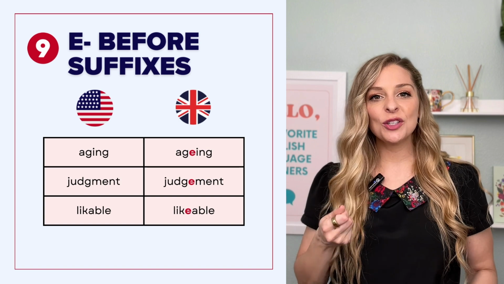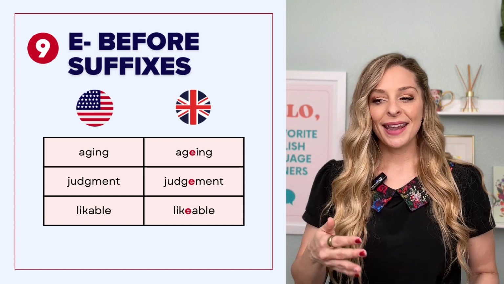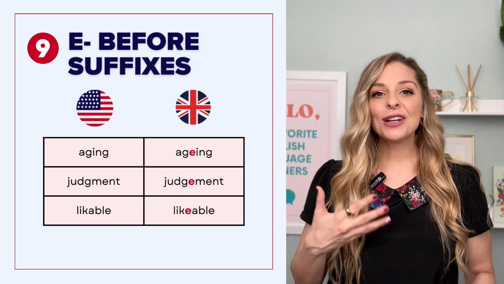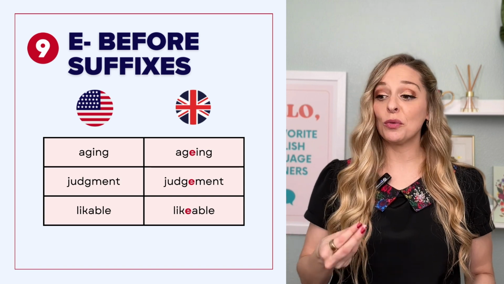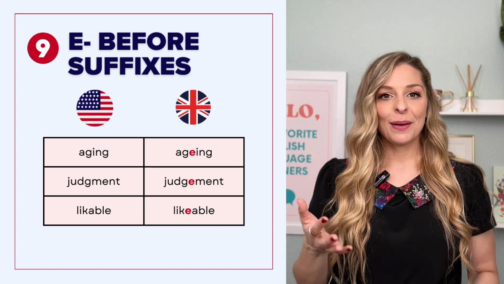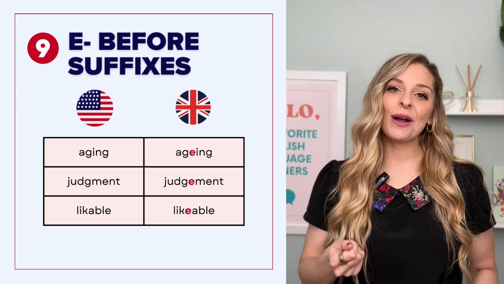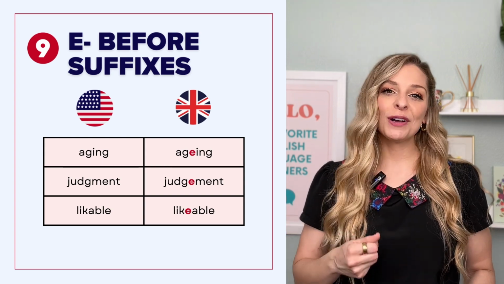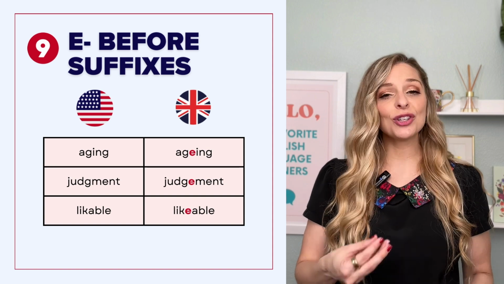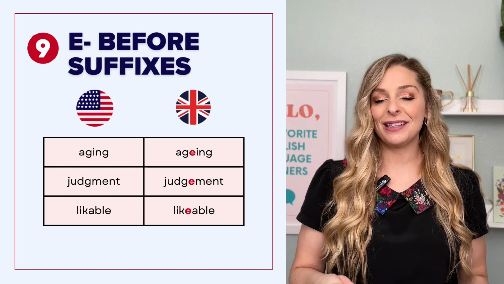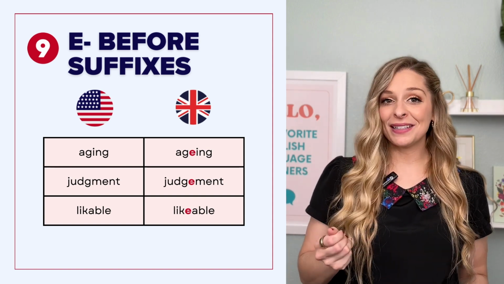I always wanted to keep the E in the middle, and I didn't know why. I could have sworn that I had seen judgment with an E in the middle before, but my spell checker always told me that I was wrong. Well, once I found out that this was British English, I felt much better because it validated that I am sure I have seen this word spelled with an E in the middle before, and I wasn't completely wrong.